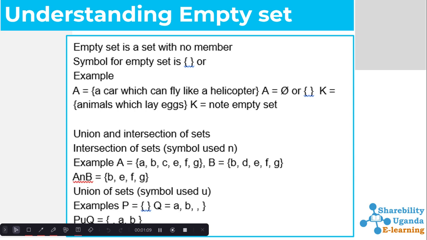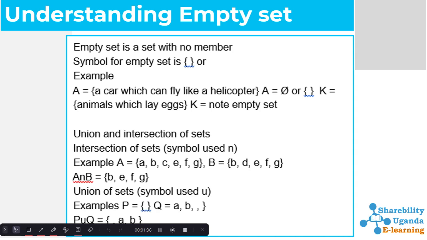We also looked at the joint and disjoint sets with well demonstrated examples. So please, if you missed out on our lessons, be able to go back. We have put these videos on YouTube, so check them out and continue with us.